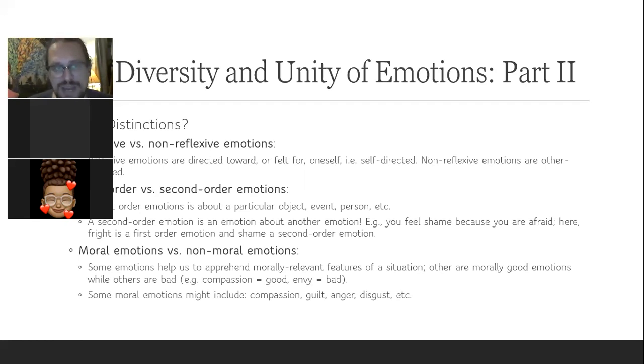But if I was frustrated because of another emotion that I was feeling, or if my frustration led to anger, then my anger would be a second order emotion. I'm getting angry because I'm getting so frustrated. Perhaps I'm getting mad at myself. Why am I getting so frustrated? That would be a second order emotion.